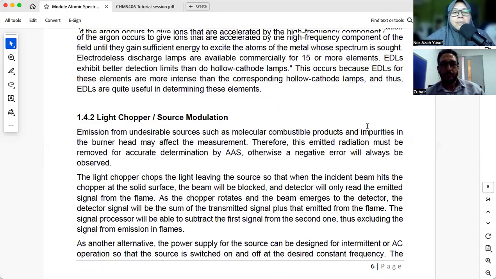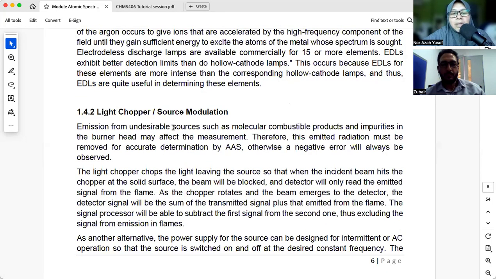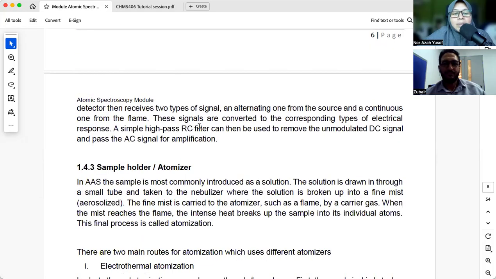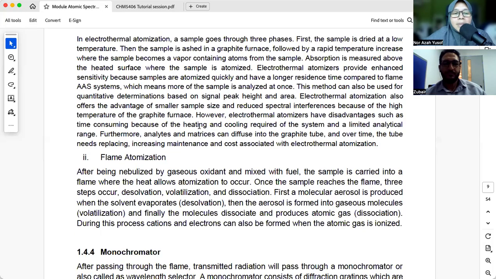There are possibly emissions from undesirable sources, organic matter in the sample, because we do not want that. We want the metal. We don't want any other organic material to interfere with the reading. So the machine will have a light chopper to help reduce the unwanted emission. And of course, the atomizer, I think we have passed that.